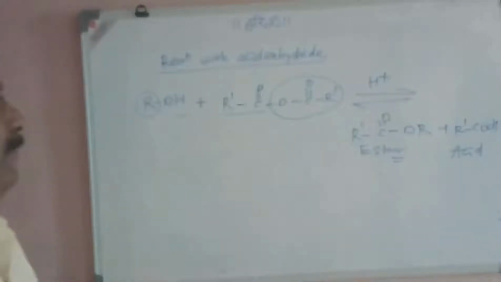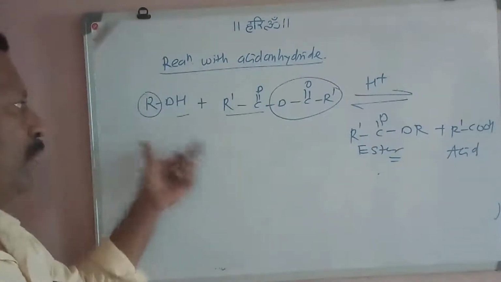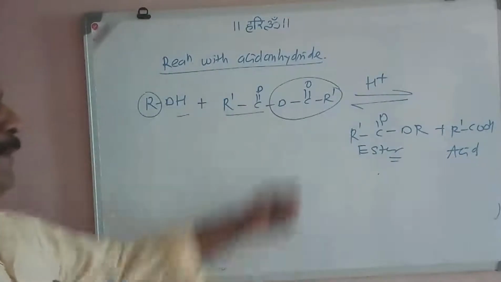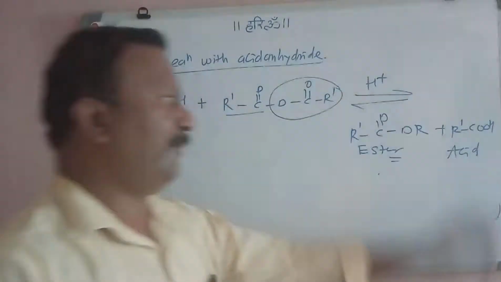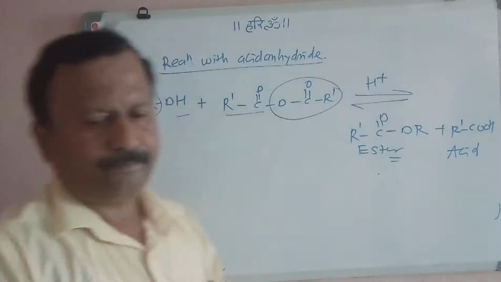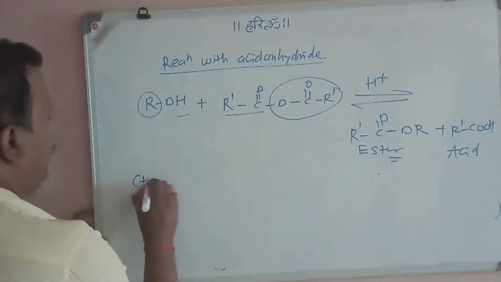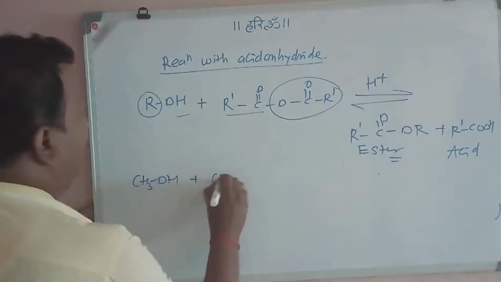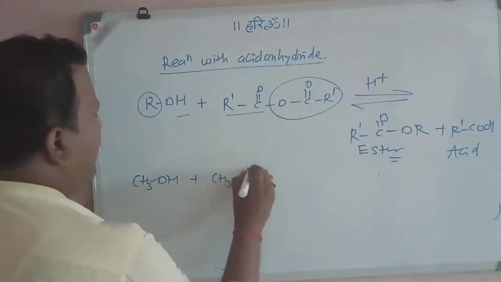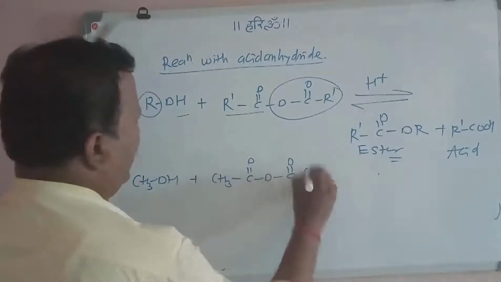So again we can prepare ester from acid anhydride with the help of alcohol. Alcohol treated with acid anhydride: in place of acid we got esters, and along with esters we got another molecule of carboxylic acid. Example या ठिकाणी आपण बघूया. For example, suppose CH3OH, when reacted with acid anhydride like this, CH3 C double bond O C double bond O CH3.